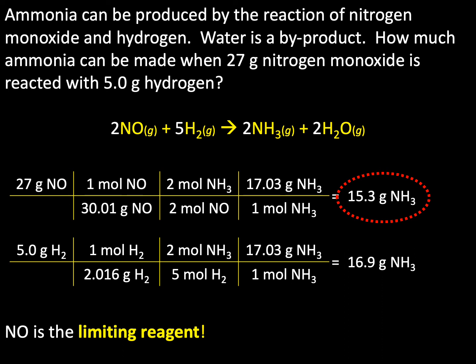So 2 sig figs, that converts to 2 sig figs. Remember these mole ratios are infinite. This isn't saying about 2 moles of NO makes about 2 moles of ammonia. Those are exact numbers. So the 2 moles of ammonia and 2 moles NO treat as having infinite sig figs. So I'll stop there and make another video for some other problems.